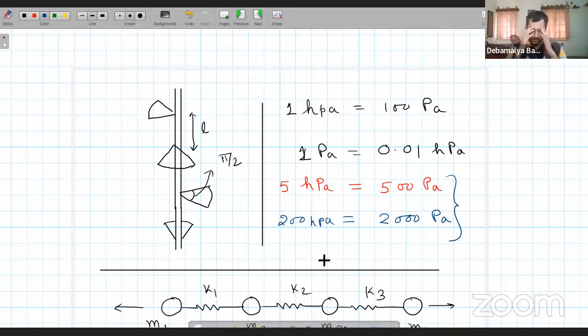One collision needs two particles. So that is where we have to put this.